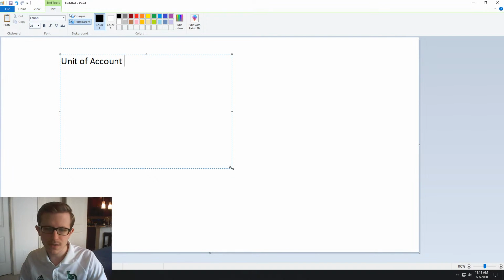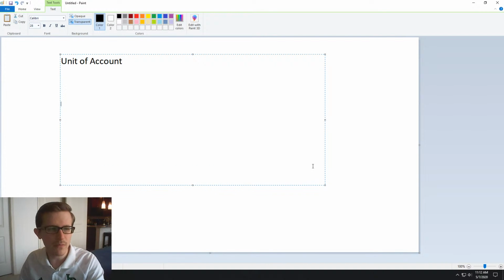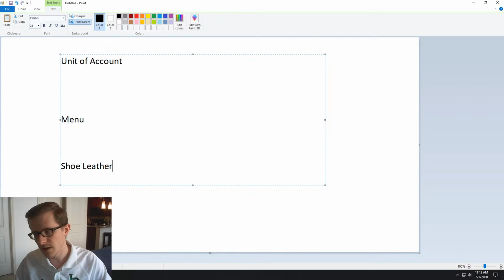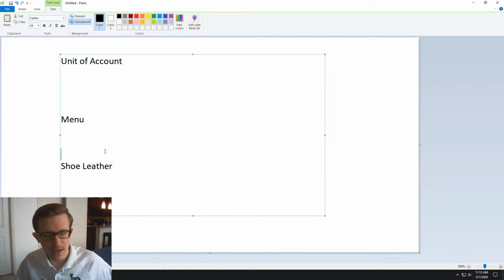So unit of account costs, give you a second to think about what those might be. Our next one are menu costs, and then our last one would be shoe leather costs. These are like the negative impacts, like why inflation is bad.